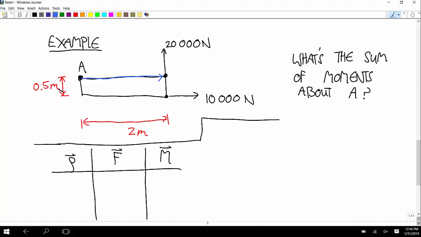Can anyone tell me what the components are of that vector? That's right. 2 in the positive x direction, 0 in the y direction. And so 2, 0, and for now, I'm going to write these as three-dimensional vectors, so we'll just write 0 for the z component.